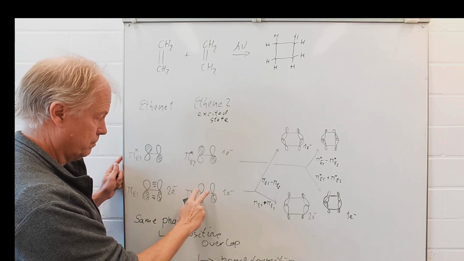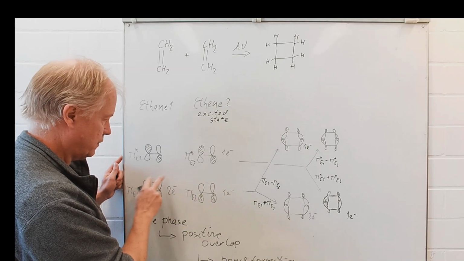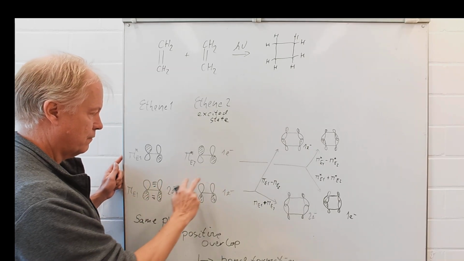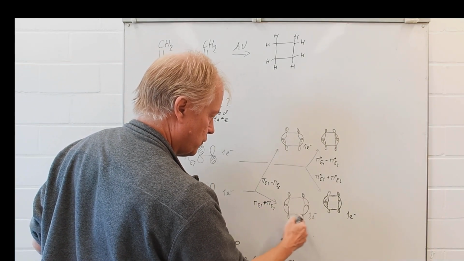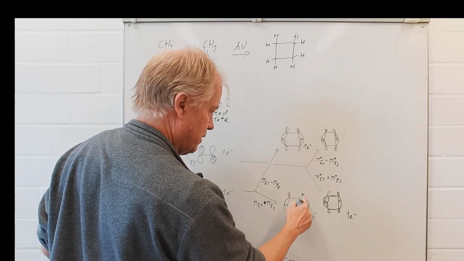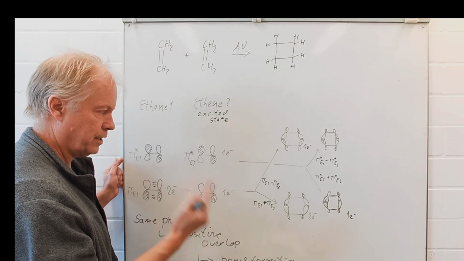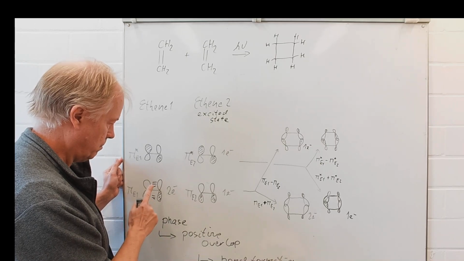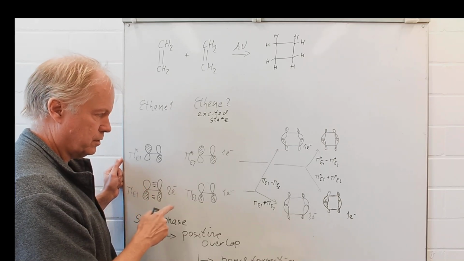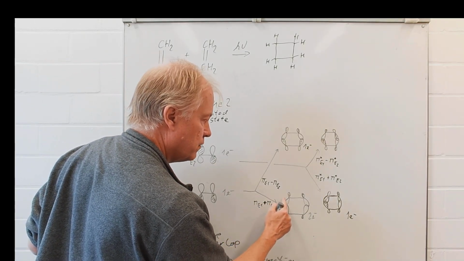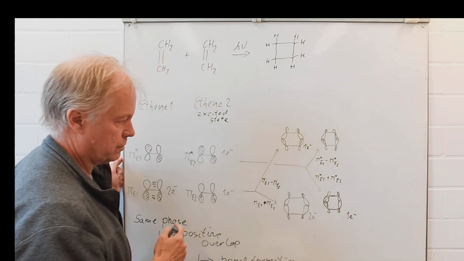So let us assume we combine here the same phases, then we have bond formation between these centers, while we have the change in hybridization from p orbitals to sp3 hybrid orbitals.